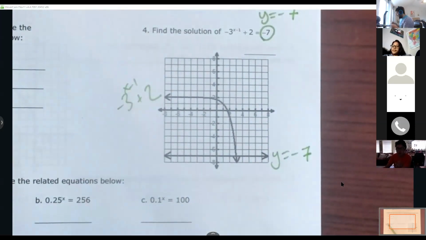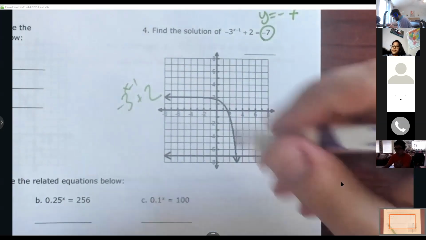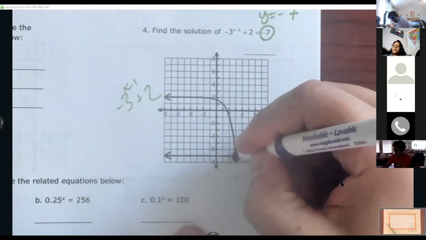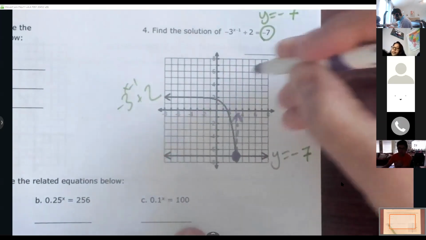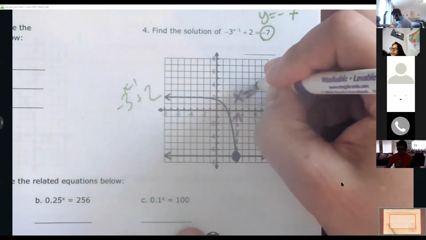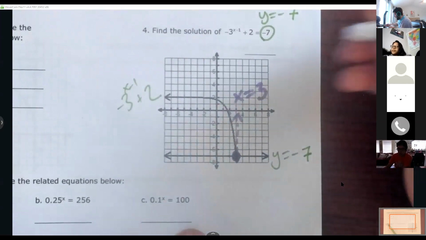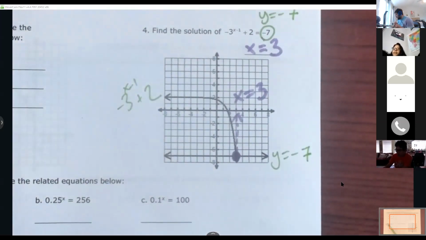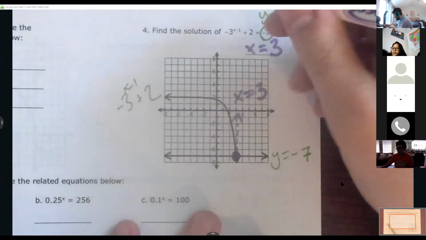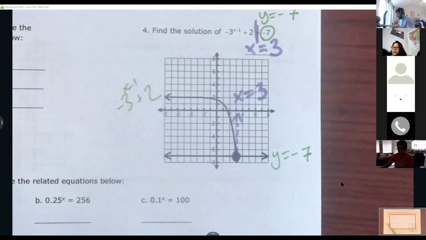The solution is where they cross. Where do they cross? Right there. What's that x value? So x equals 3, and y equals -7.